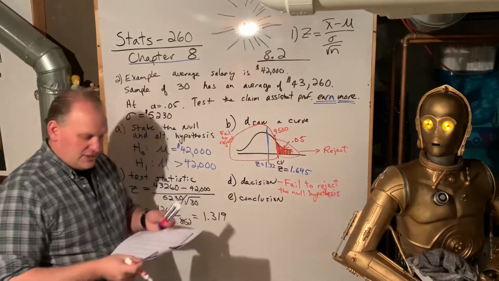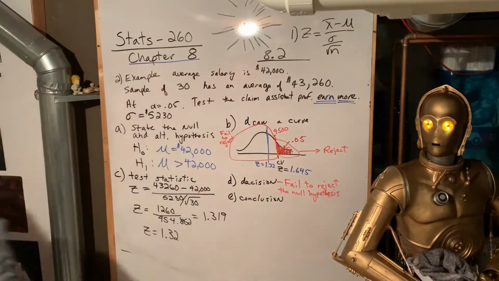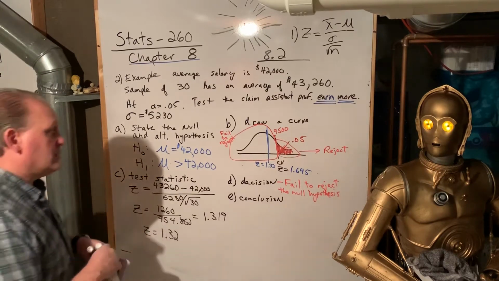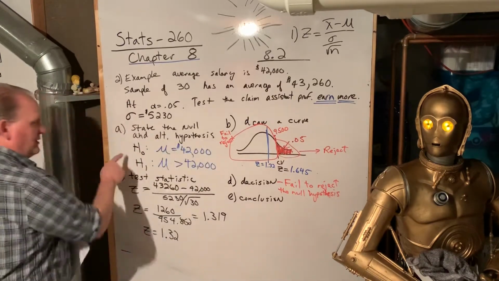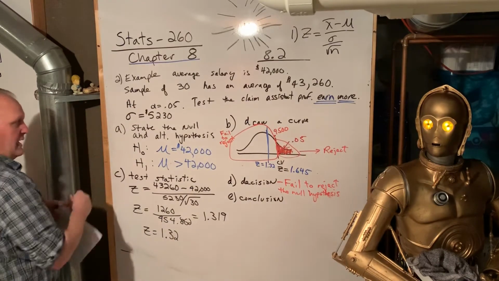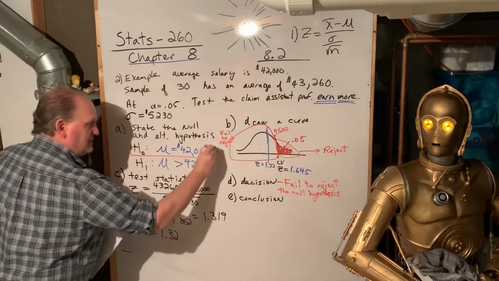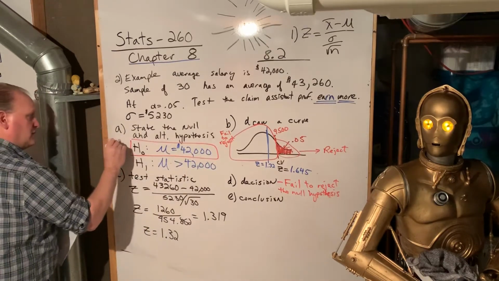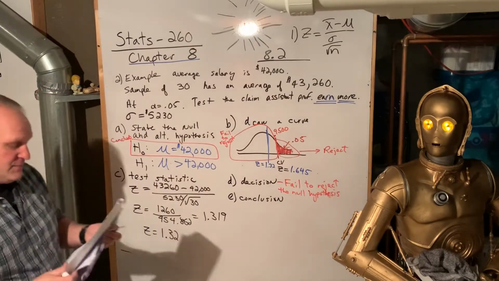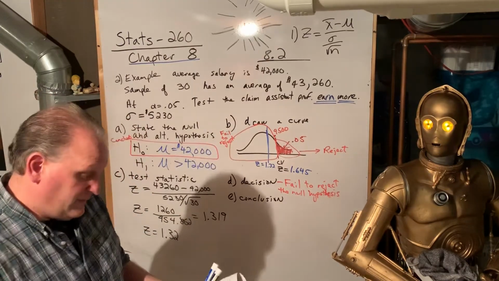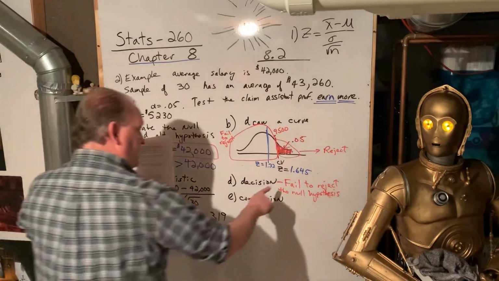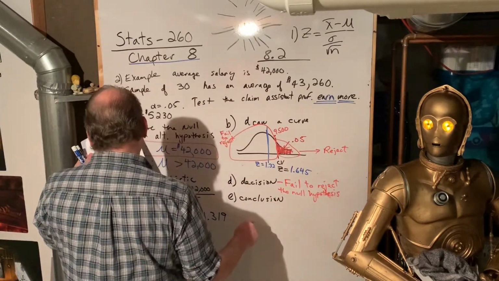Okay, so we failed to reject the null at a 5% significance level. What does that mean? What's our conclusion then? Well, if we fail to reject the null, we're concluding that the mean salary of assistant professors is $42,000. What does our conclusion look like?